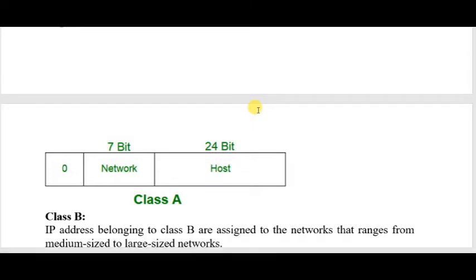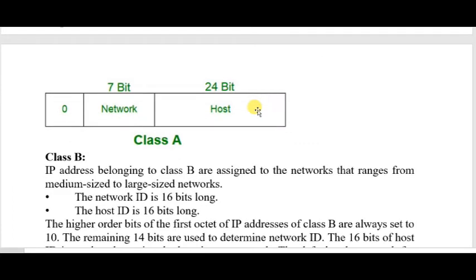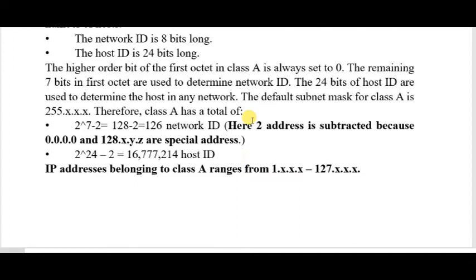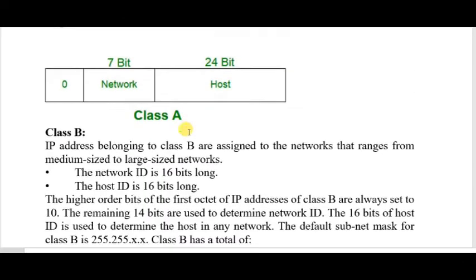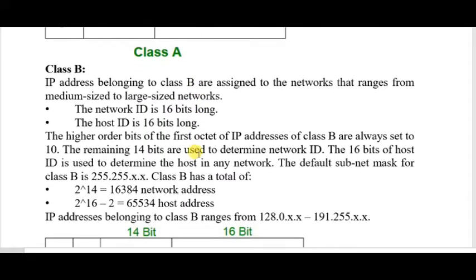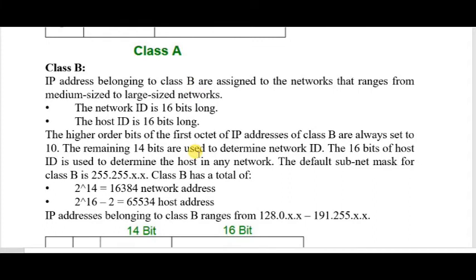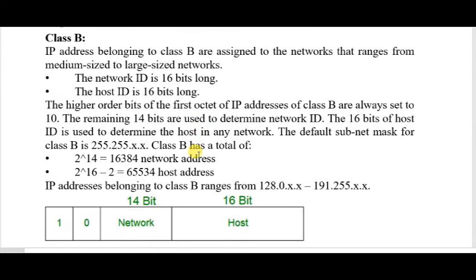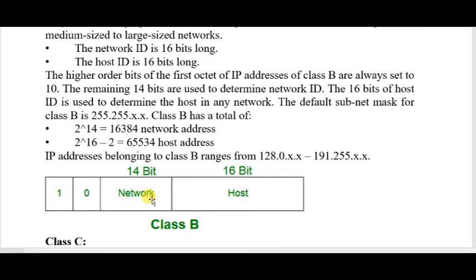Similarly, in the class B addresses, the network ID will be 16 bits long and the host ID will be again 16 bits long. Here in class B, we have prefix 10. So in the first octet, we have already reserved 2 bits, that is 1 and 0. So how many bits remain? It is 6 bits.